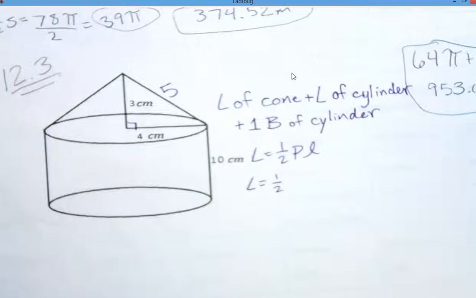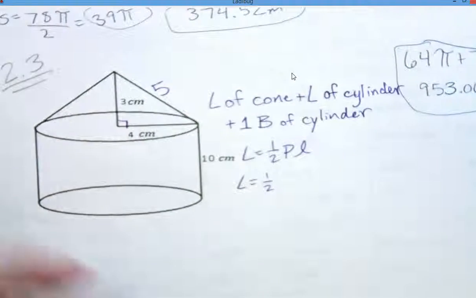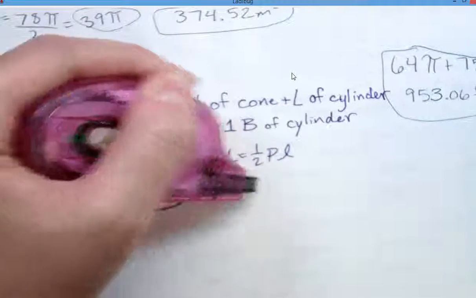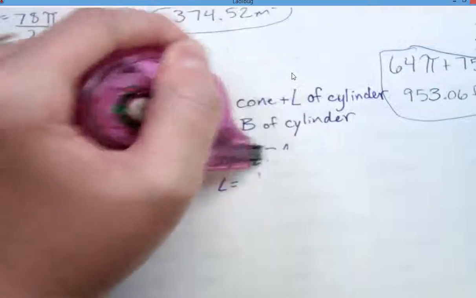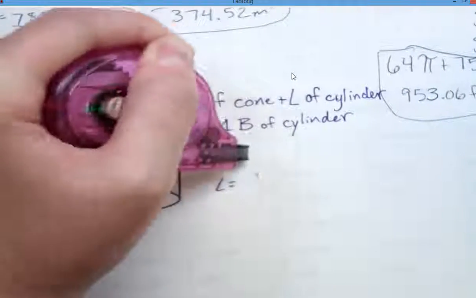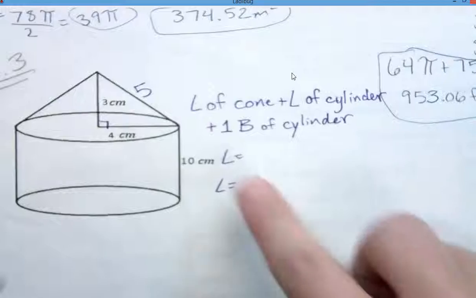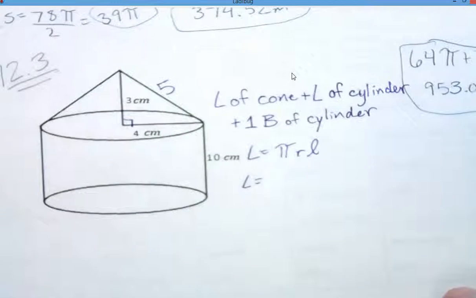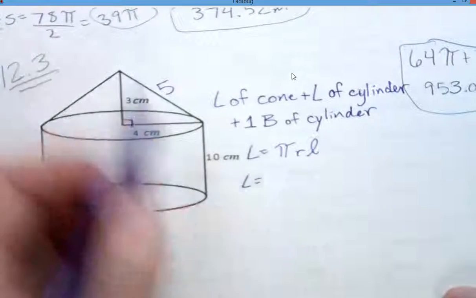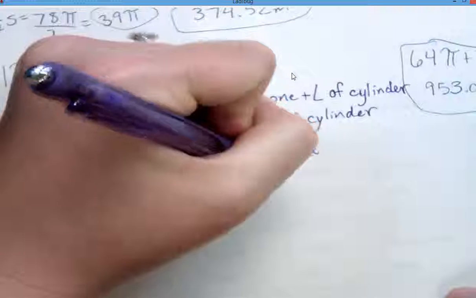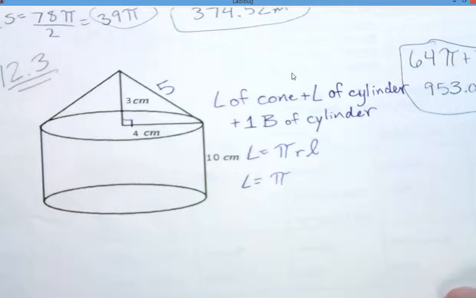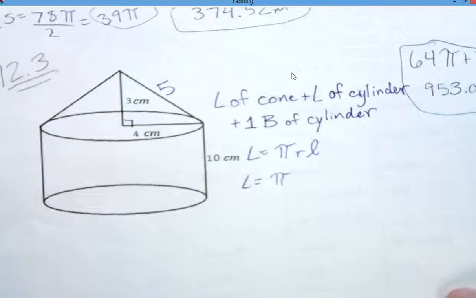Oh, you know what? I wrote the wrong formula down. Which, it's actually the same, but it just looks different. So, pi r L. Well, it's because circumference is 2 pi r, so if you cut that in half, it would just be pi times r.